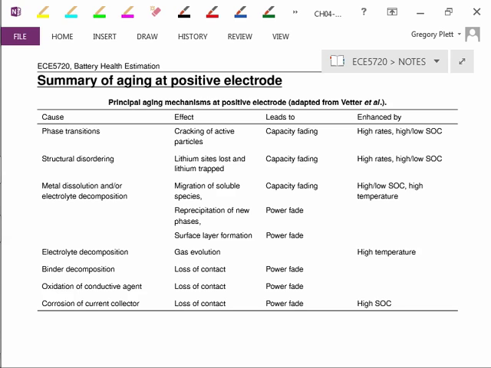So what we're going to do next is we're going to start thinking about how easy is it, how observable are these degradation parameters, to see how easy it might be to estimate their values, and we'll spend the rest of the chapter looking at different ways of estimating capacity fade and power fade.